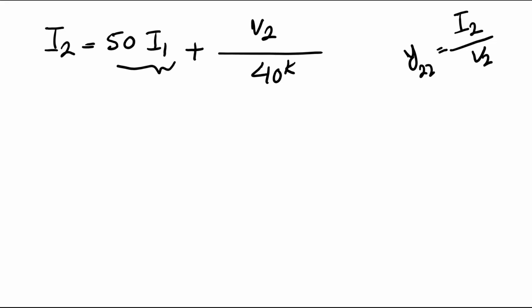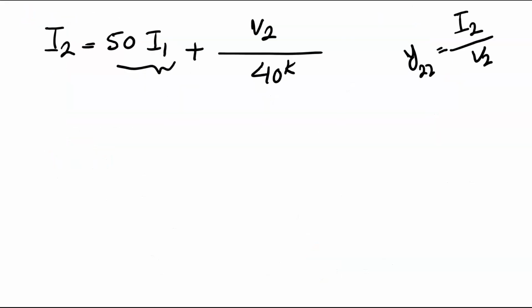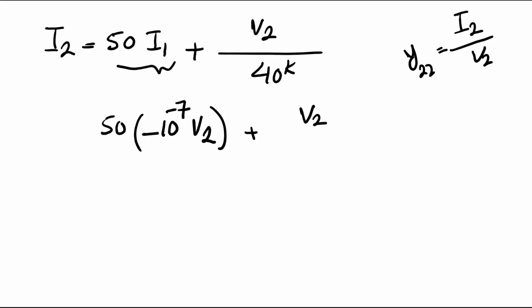And on the other equation, in this scenario, I had I1 as minus 10 to minus 7 multiplied by V2. So I'll replace I1 by minus 10 to minus 7 multiplied by V2. So I have 50 multiplied by this term plus V2 over 40k equal to I2.